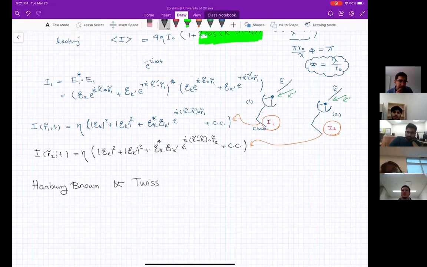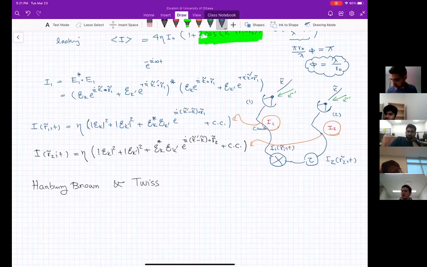So what they did was detect the currents. They had I2 as a function of R2 and tau, then a delay electronic, and they looked at the correlation between the two. They also had I1 of R1 and t.